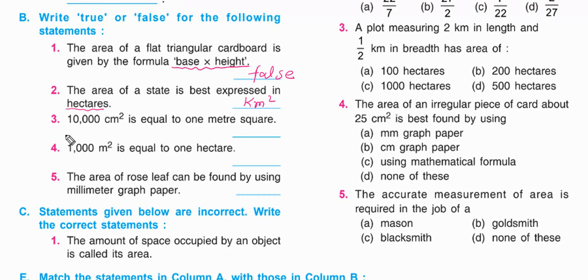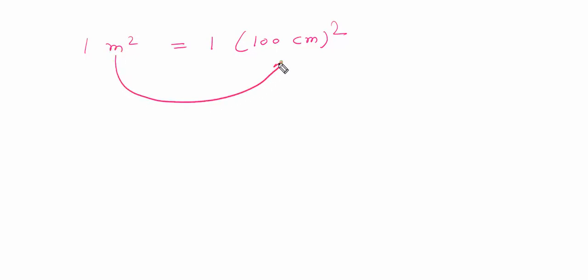Now, 10,000 centimeter square is equal to 1 meter square. Shall we check it? Now children, 1 meter square. So dear children, meter is written as 100 centimeter whole square. What I have done? I have written meter as 100 centimeter.